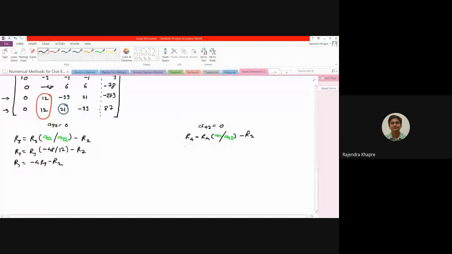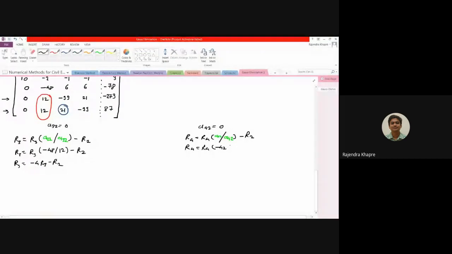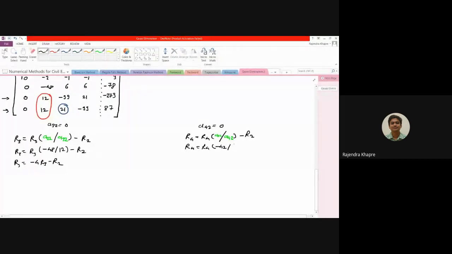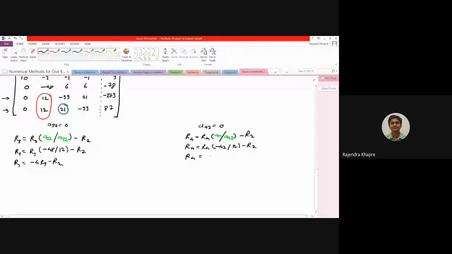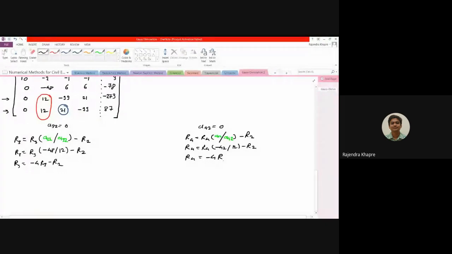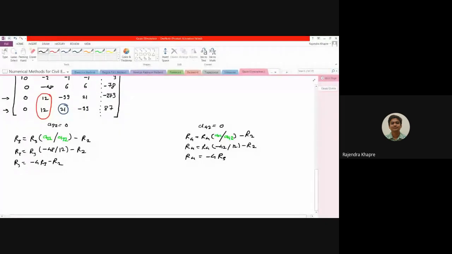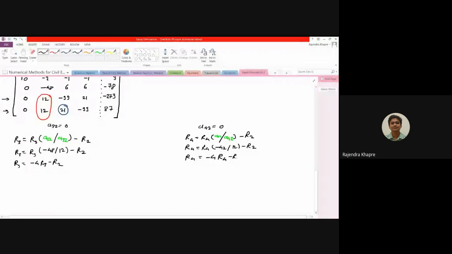As far as R4 is concerned, R4 will be R4 multiplied by -42 divided by A42, so again it is 12, and this will be R2. So your R4 will be -4 times R4 minus R2, same expression.